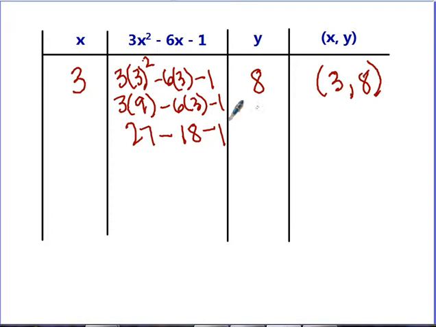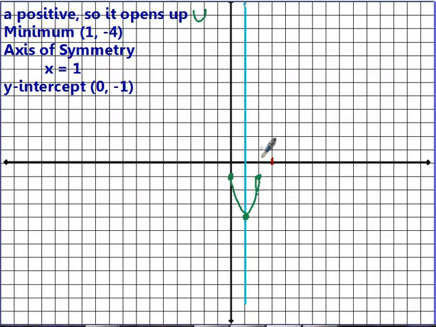I could do that with more values of x at whatever value of x you want to choose, but I think 1 point's going to be enough. So now I'm going to come over to 3 and 1, 2, 3, 4, 5, 6, 7, 8. Did I count that right? And here's the point I found.